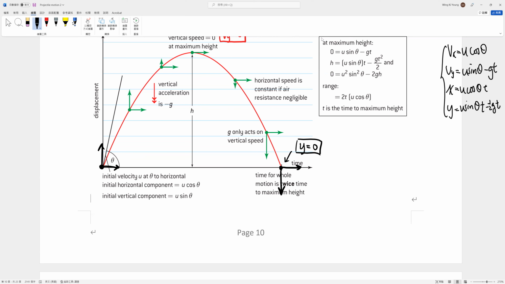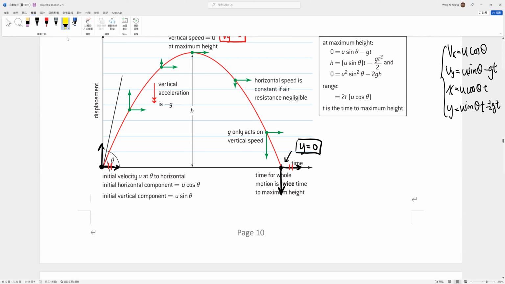We just talk about the motion just before it hits the ground. Then the acceleration is always the same. That's g.